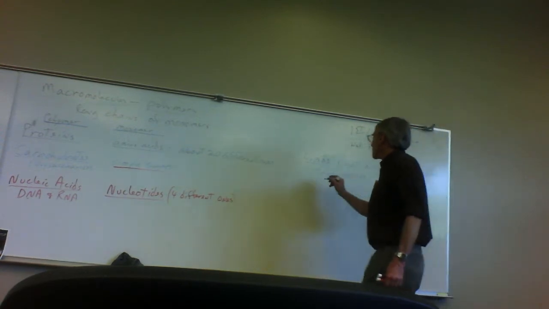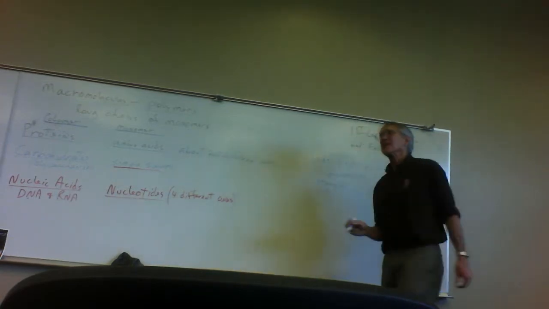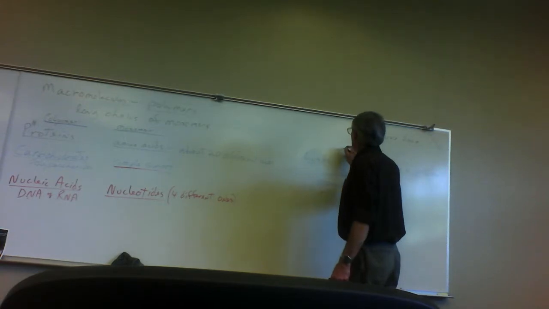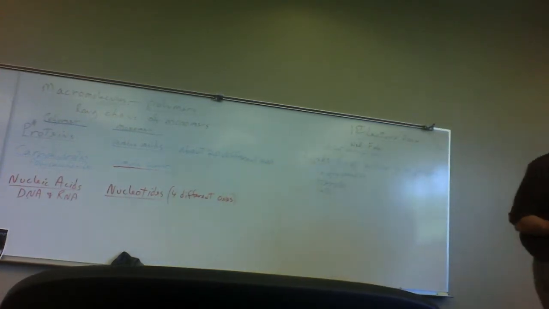So triglycerides, steroids, etc. These are fat derivatives, okay? And these are very important because a large portion of our cell membranes are made of lipids. So we will talk about those.